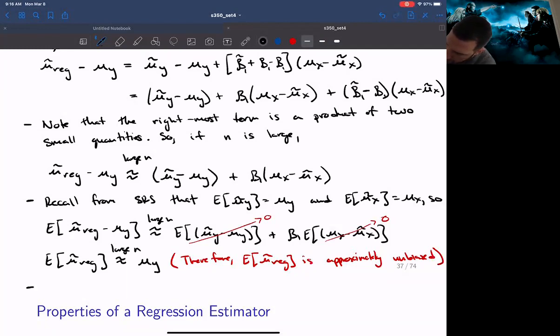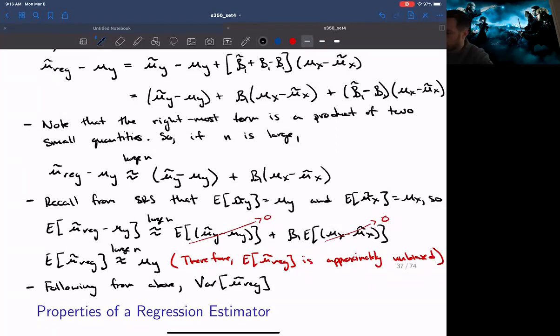Following from above, we can write that the variance of mu tilde reg is equal to the variance of mu tilde reg minus mu y.